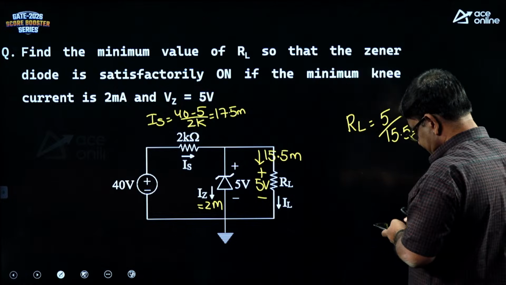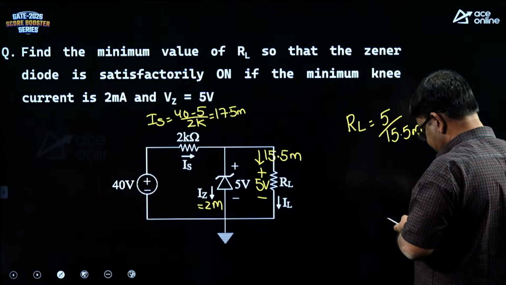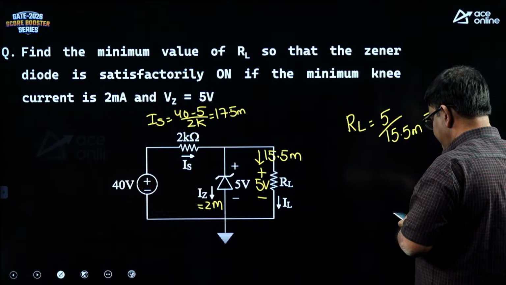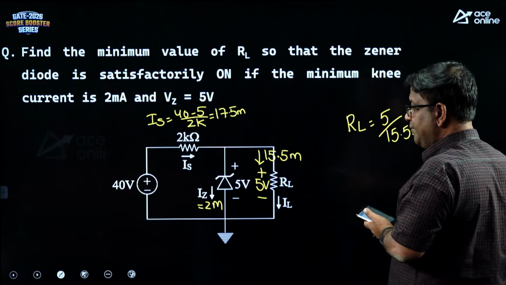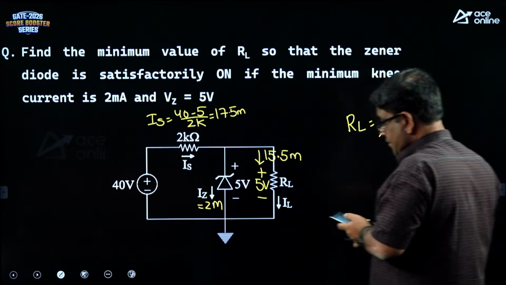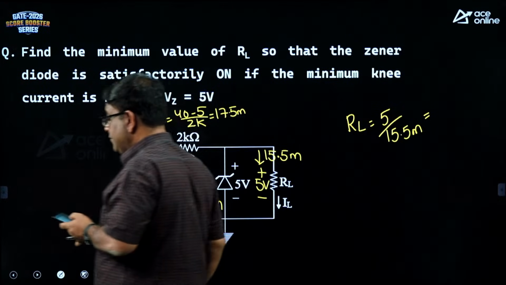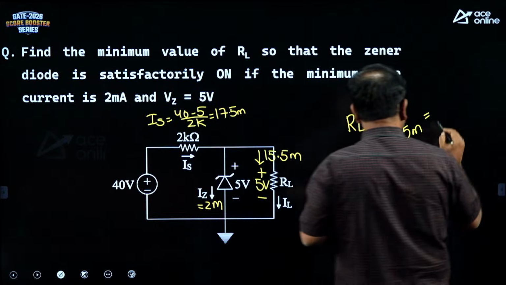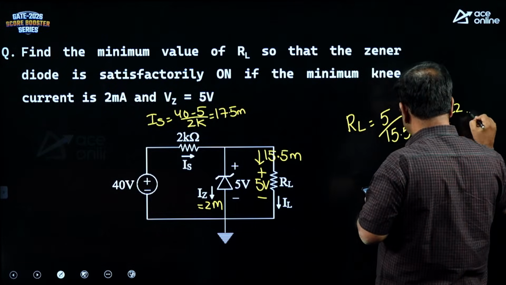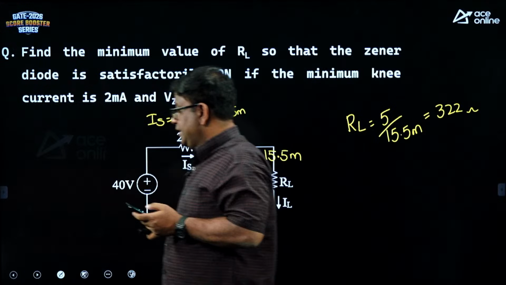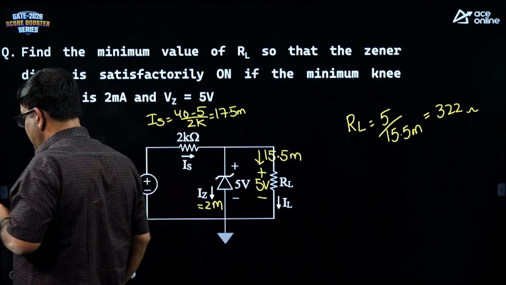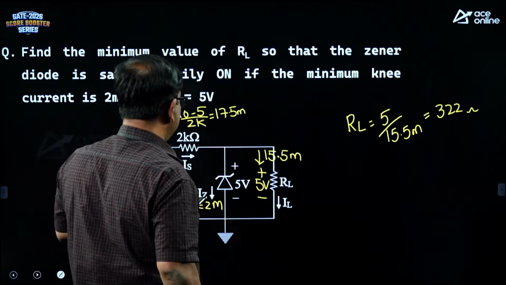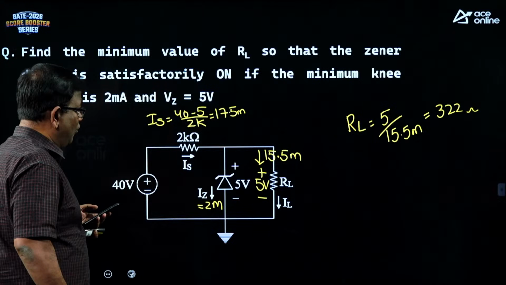How much is this? 5 divided by 15.5 milli is 322 ohms. Good. The RL value is going to be greater than 322 ohms.